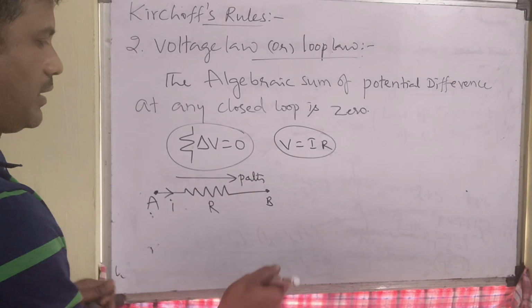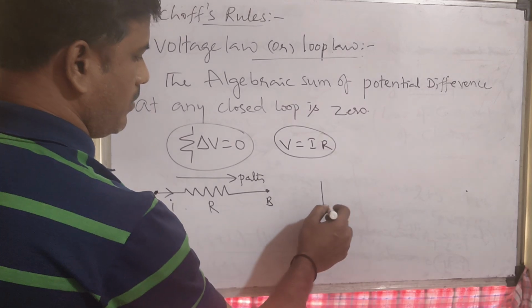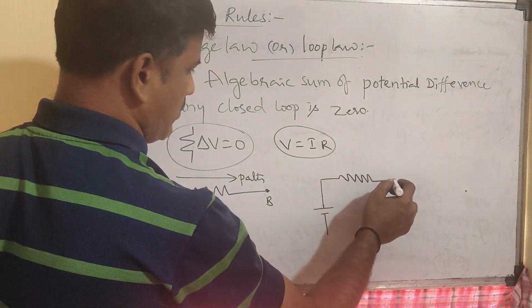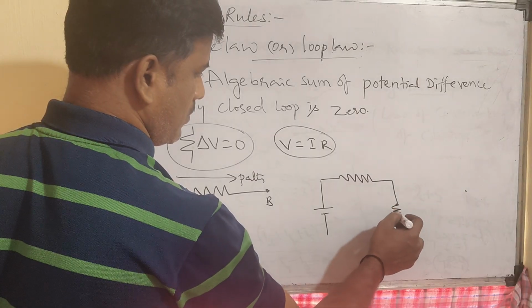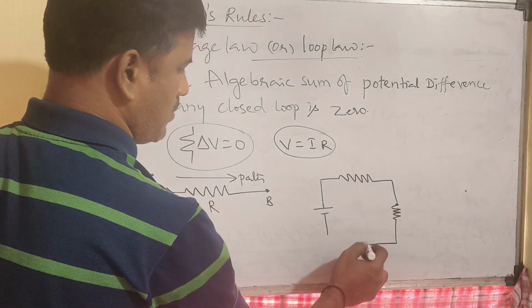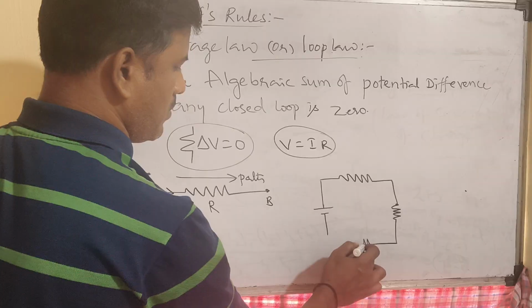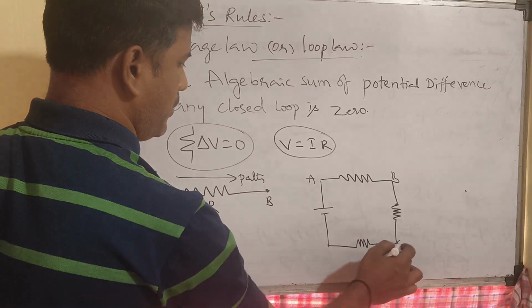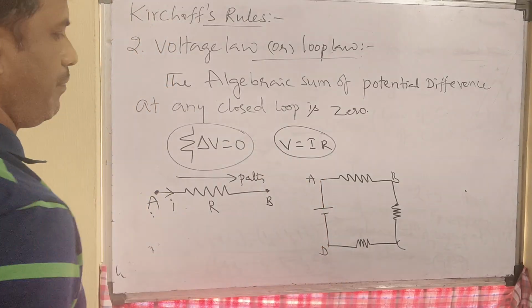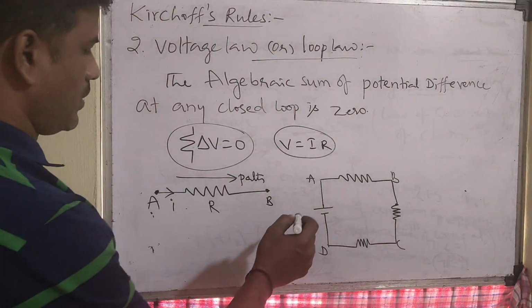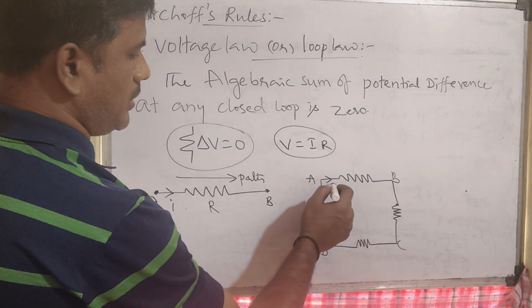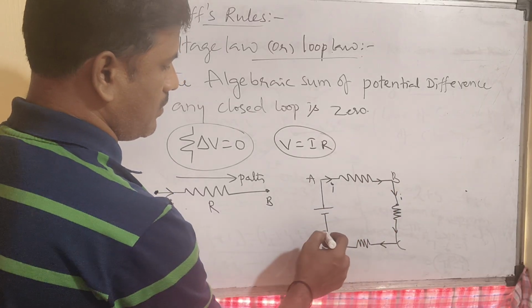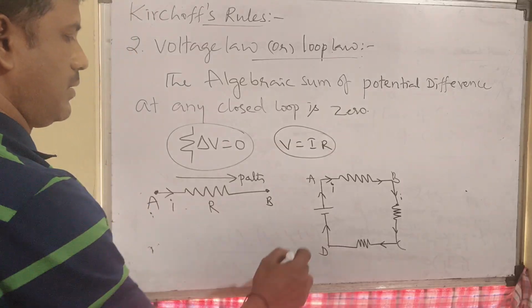For example, this one: A to B, B to C, C to D, D to E. That is a closed path. Now observe, the current direction is like this. Right, it is E.